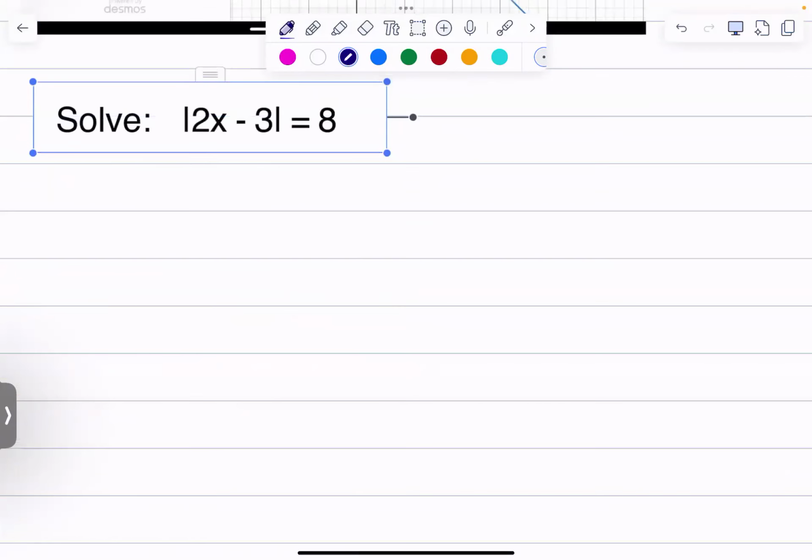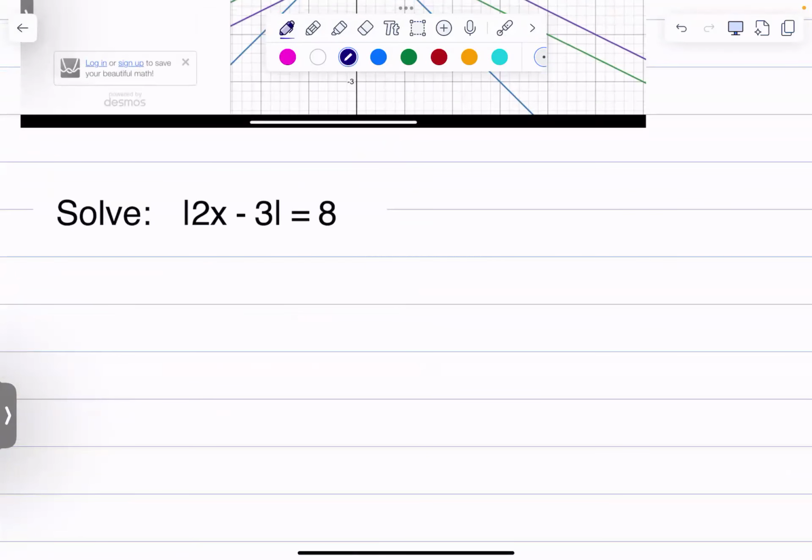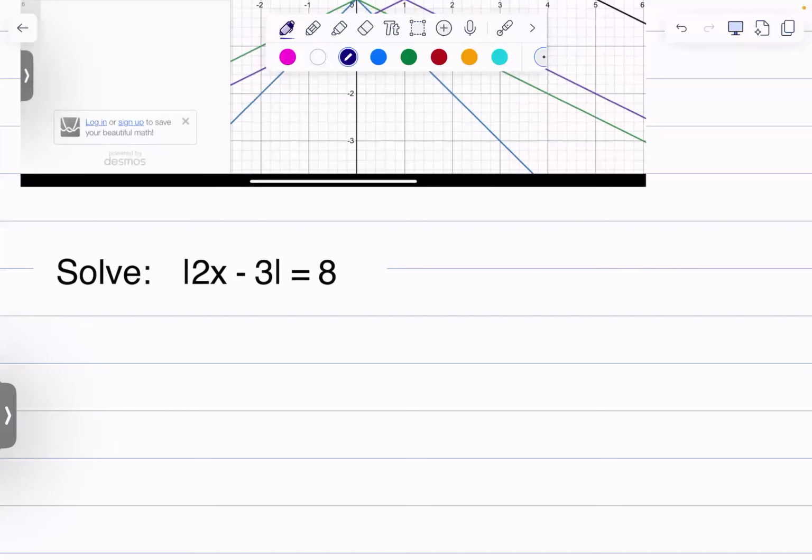Can I just show you how to solve these? If you have to solve an absolute value function, you want to go back to what the absolute value function says. If f of x is the absolute value of x, then we get x if x is greater than or equal to 0, and negative x if x is less than 0.